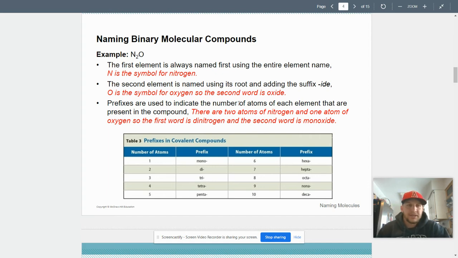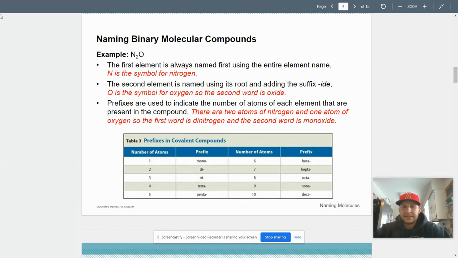So in this case with the nitrogen, we would just say nitrogen. And our second element, we use its root, and we're going to add our suffix -ide. So again, really similar to our ionic compound rules, right? We say the first one as well as the -ide ending. So for oxygen in this case, we would use oxide.